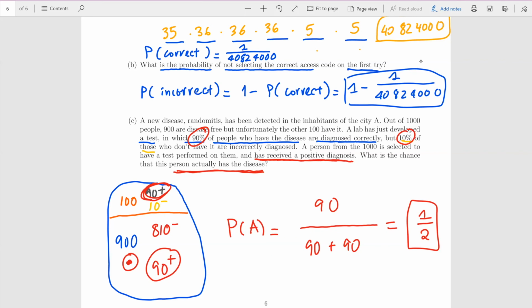But it turns out this is not a very good test, because if the probability is only 1/2, either you have it or not, it's not a good test at all. It's just flipping a coin. You test one person, flip a coin and say, oh, you have the disease, or you don't, based on the outcome of the coin, not based on the outcome of the test.